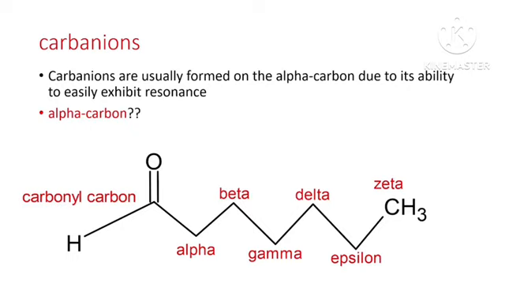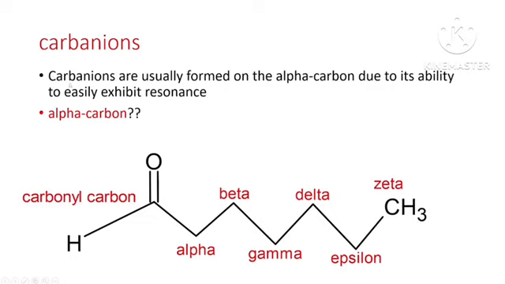Okay, now I would want to introduce you to some of the types of carbons that we have when we are dealing with carbonyl groups. There are several types of carbons in organic chemistry, and I would like to just mention a few so that you have that idea as well. But before I say that, we have a point here that I need to address.